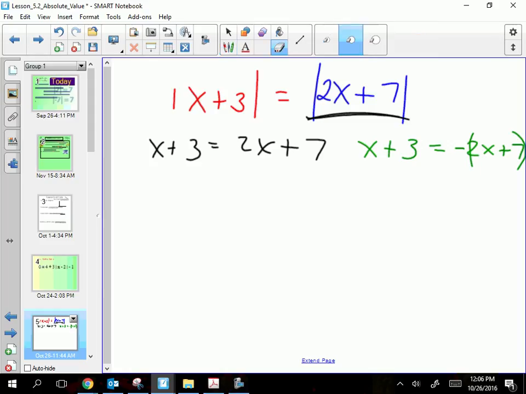Actually, let's solve these two. Everybody solve the black equation and the green equation and see what you think the two answers are. We already did this one with the calculator, so I'm pretty sure it's going to be negative 3.3 repeating. And then what was the other one? Negative 4. Okay. Double check by solving these by hand and seeing if you get the same thing.